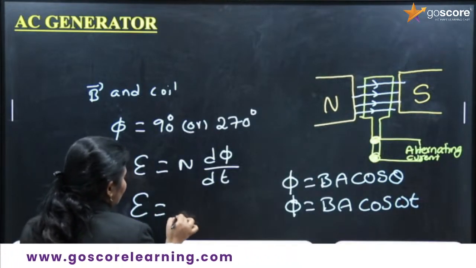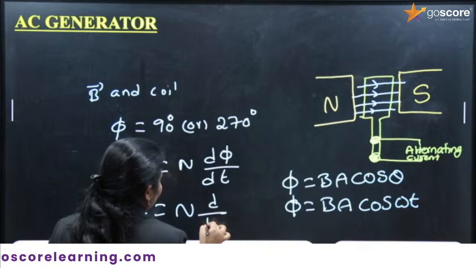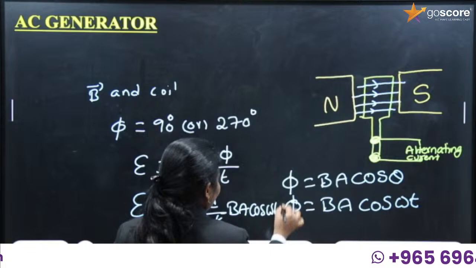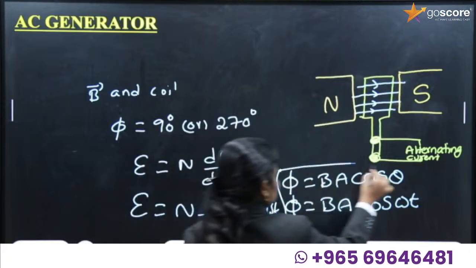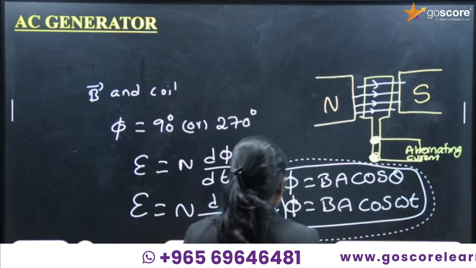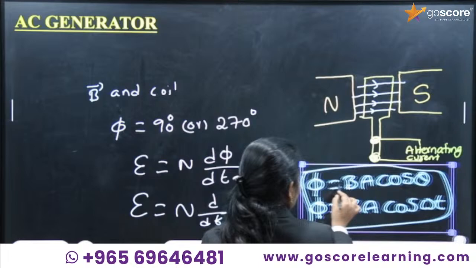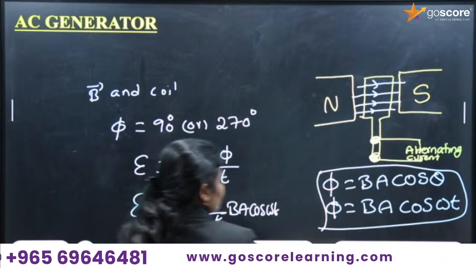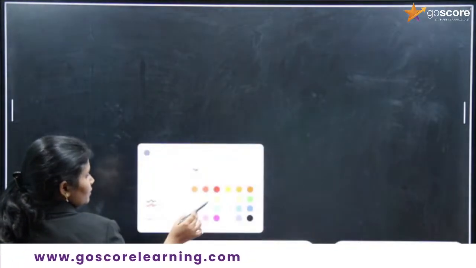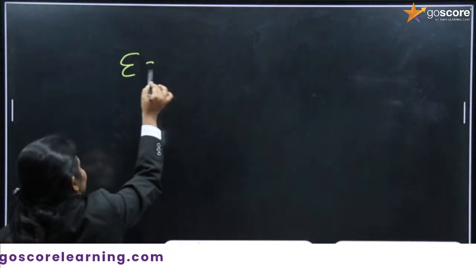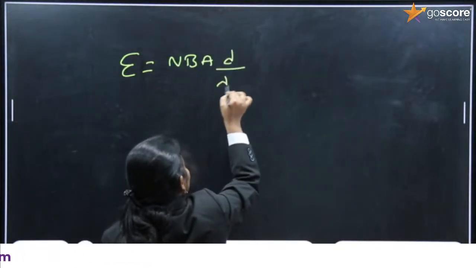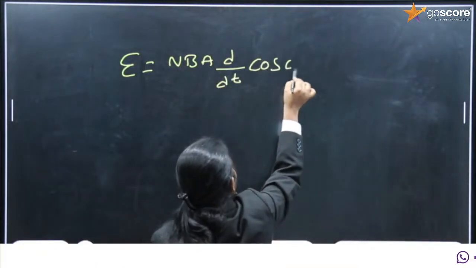Then E is equal to N d by dt of BA cos omega t, which is N BA d by dt of cos omega t.